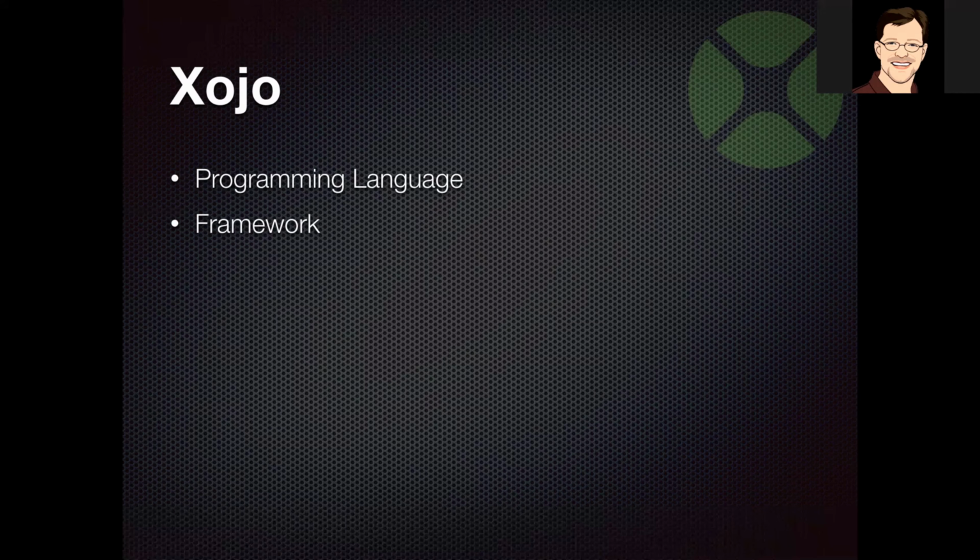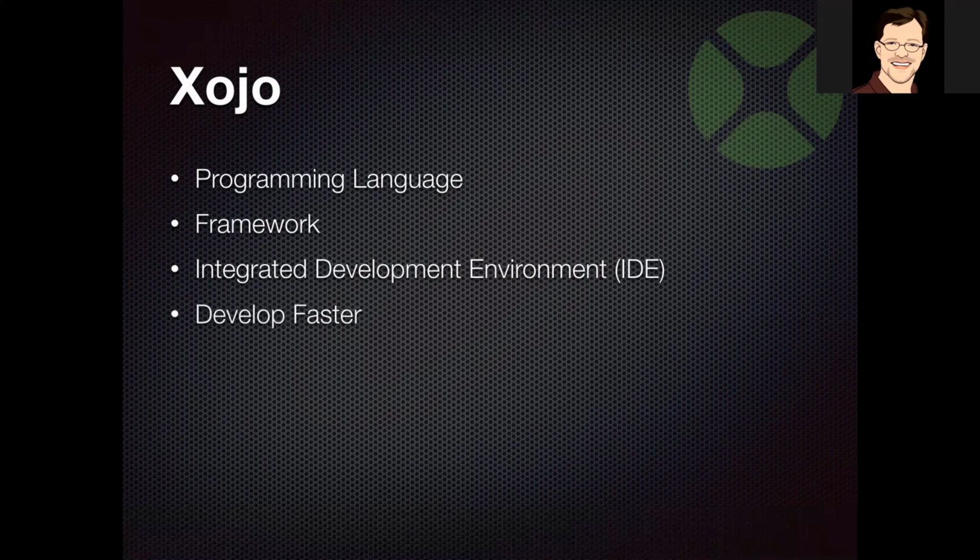And this framework lets you make web apps very, very easily. Xojo is also the integrated development environment that you use to put all this together. So essentially with Xojo, you're using one tool and it allows you to develop faster.